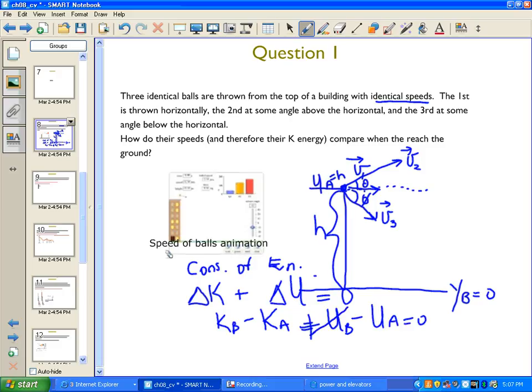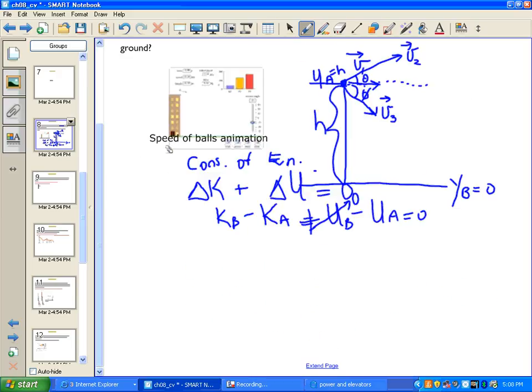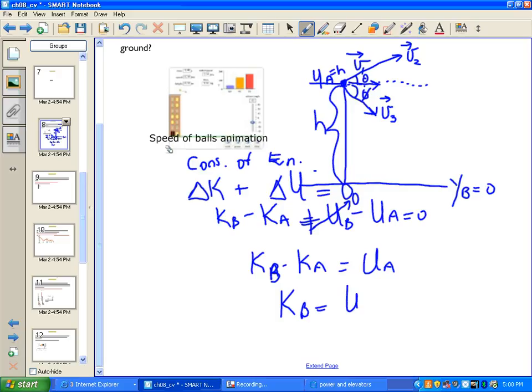Now UB is equal to, of course, 0 since it's at ground level. So KB minus KA in each case should equal UA. In other words, KB should equal UA plus KA, the total energy that each of the balls had when they were at position A. Next problem.